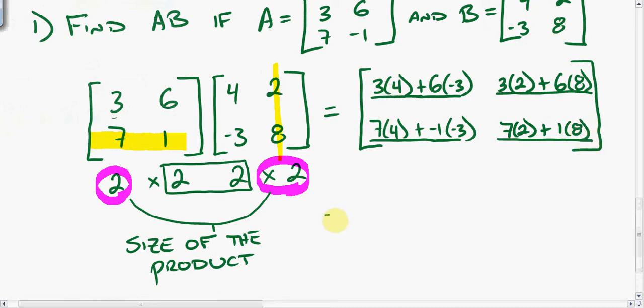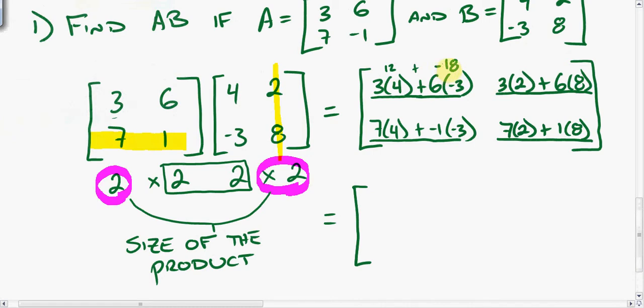Now I just use order of operations to solve. We've got 3 times 4, which is 12. 6 times -3 is -18. What's 12 plus -18?